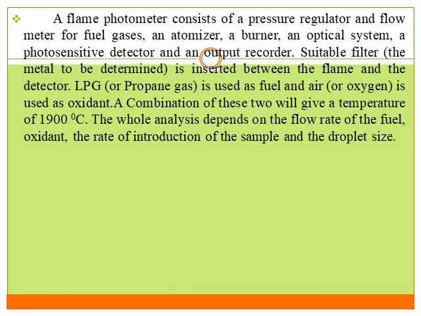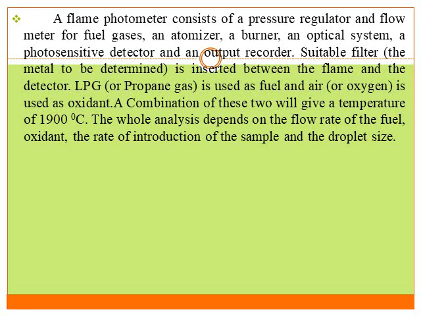Now the flame photometer consists of a pressure regulator and a flow meter for fuel gases, LPG gases, an atomizer, and a solution preparation chamber, wherein the atomizer is used to introduce the sodium chloride or potassium chloride solution into the flame burner.